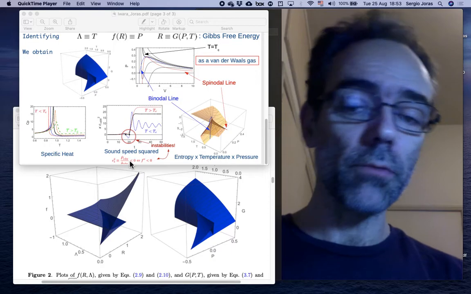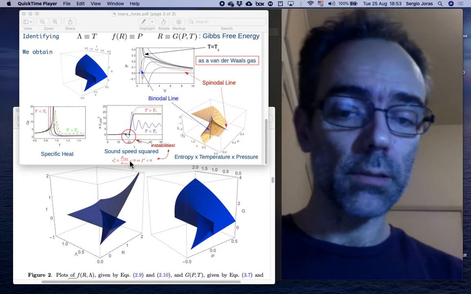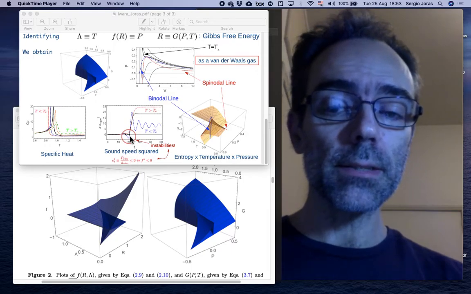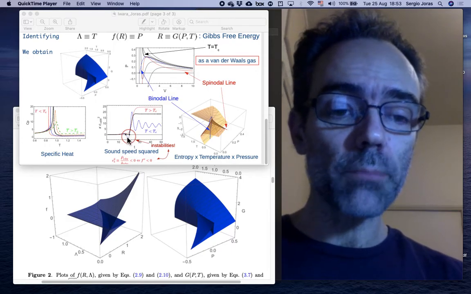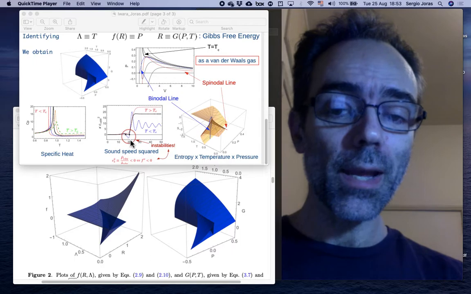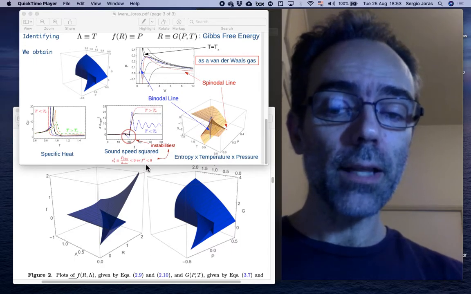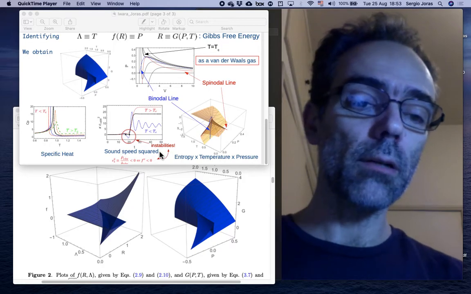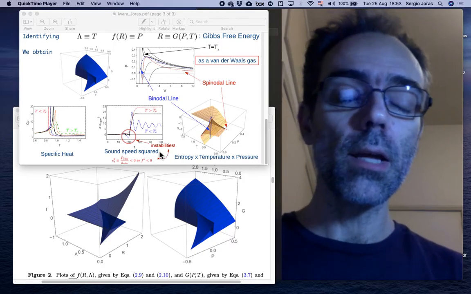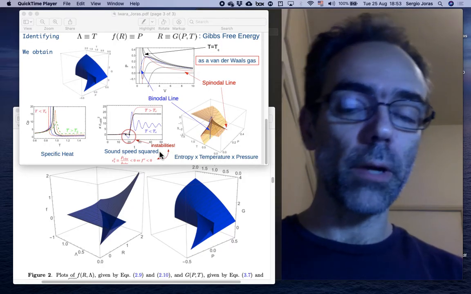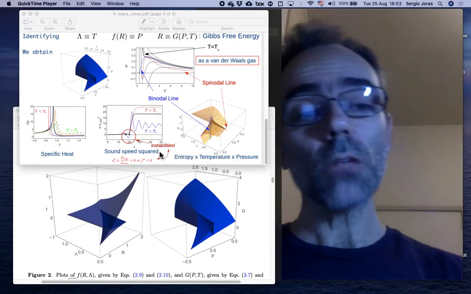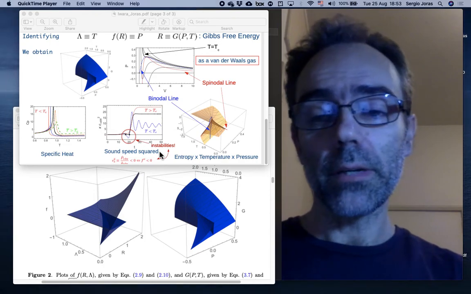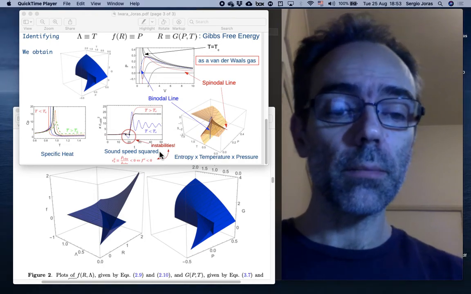So P dot over rho dot is the sound speed squared of this van der Waals gas, and it's negative if the temperature is low enough, and it's negative exactly where F double prime is negative. So those are the same instabilities that we were already aware of in the beginning. So right now we are pursuing characteristics of this instability region.